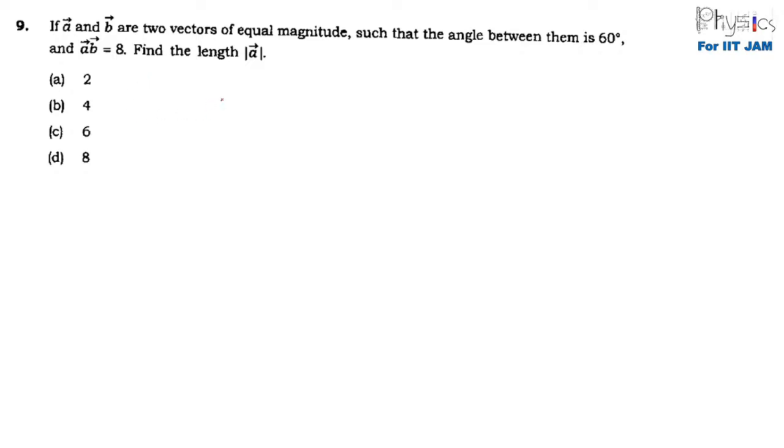So, given is the magnitude of vector A equal to magnitude of vector B, and the angle between them is 60 degree.